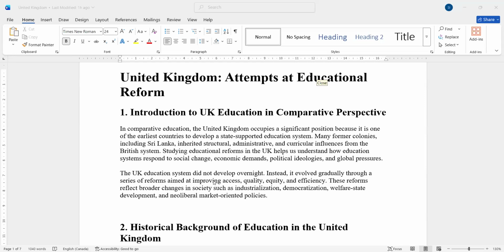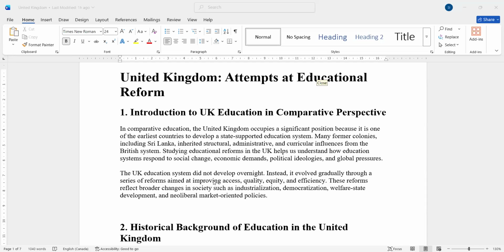The UK education system did not develop overnight. Any education system cannot be developed overnight; it takes more time. Instead, it evolved gradually through a series of reforms aimed at improving access, quality, equity, and efficiency.